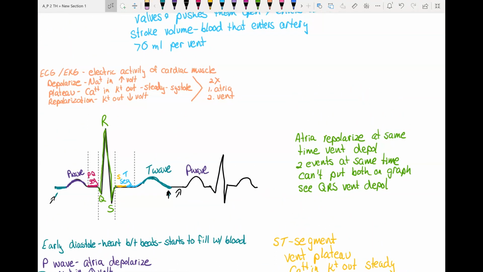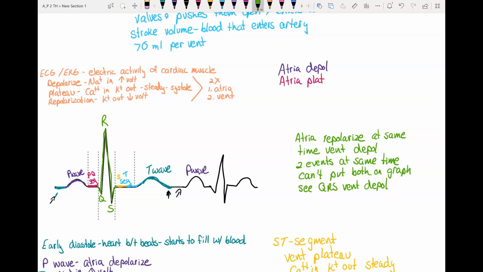So to kind of sum this up, compare it to what we started with here, you have atria depolarize, that's the P wave. Then you have atria plateau, that's the PQ segment.